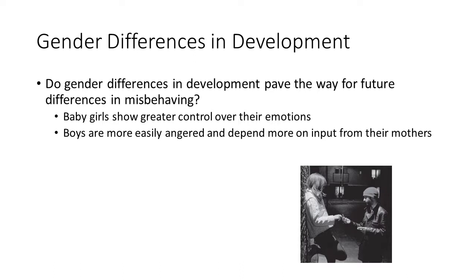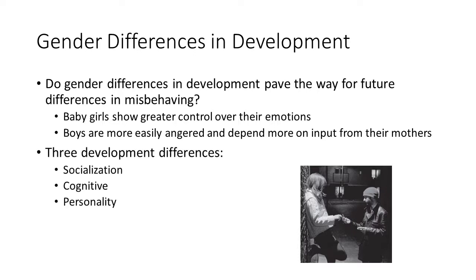And consider that baby girls show greater control over their emotions, while boys are more easily angered and more dependent on their mothers. We're going to also discuss the socialization, cognitive, and personalities of the genders and how each plays a role in delinquency in general.